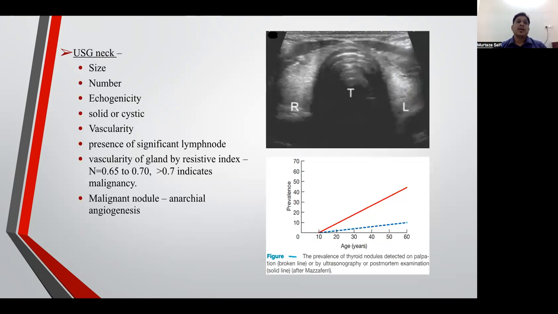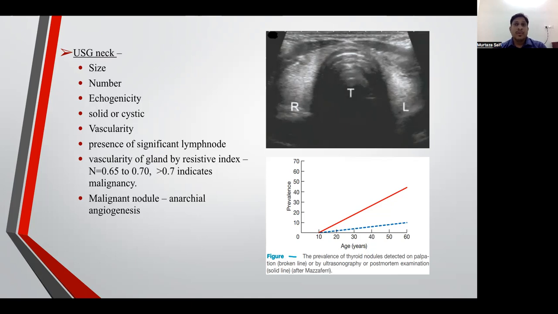Now, USG neck: look at the size of the tumor, number, echogenicity, solid or cystic, and vascularity, presence of significant lymph nodes, then vascularity of the gland by resistive index. If it is 0.65 to 0.70, more than 0.7 indicates malignancy.